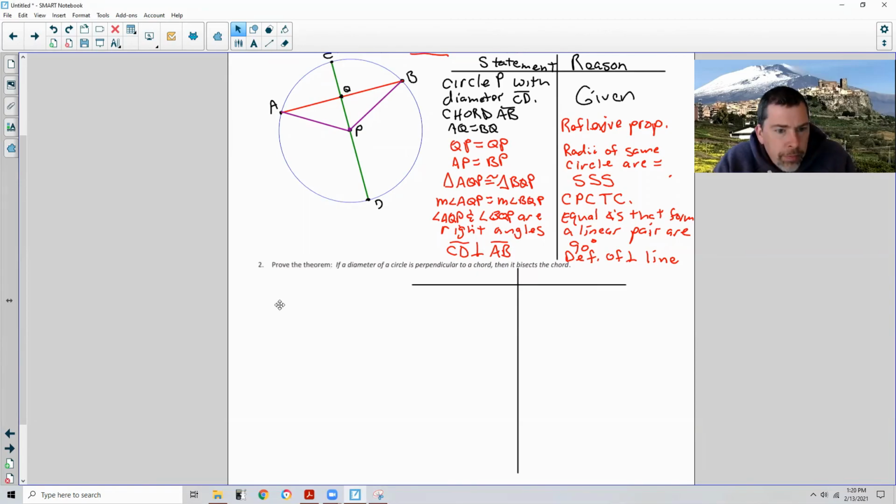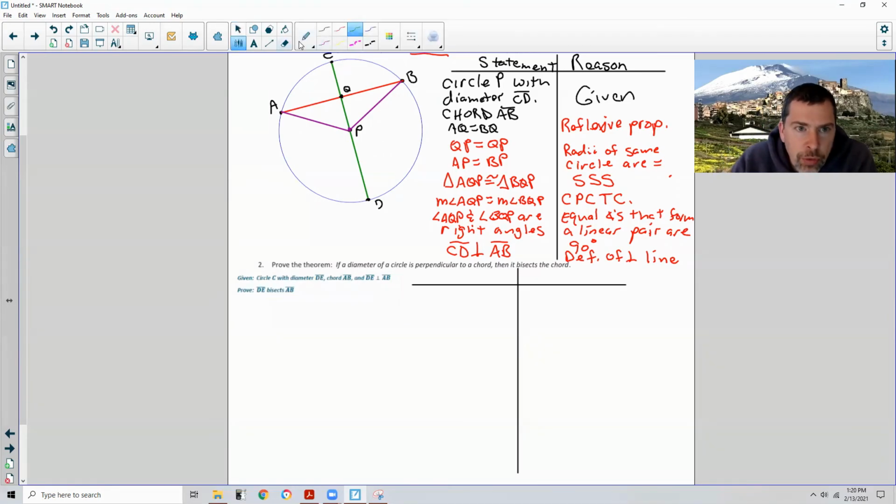So here's what we're given. It says, prove the theorem: if the diameter of a circle is perpendicular to a chord. So that's our given. We have a circle P, I'm going to call it P, not C. They're using different letters, so I'll just write this out.